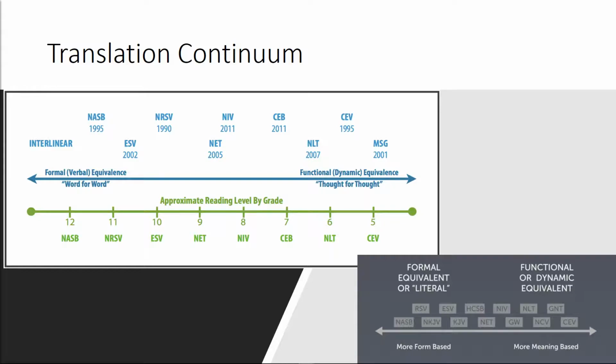Hopefully you can see my mouse pointer. There we go. On one side you have interlinear, and that's actually Greek and English together. So you actually see the Greek, and the English is right underneath it.